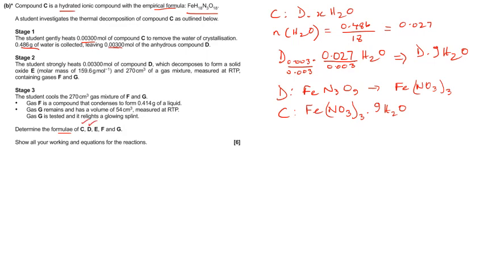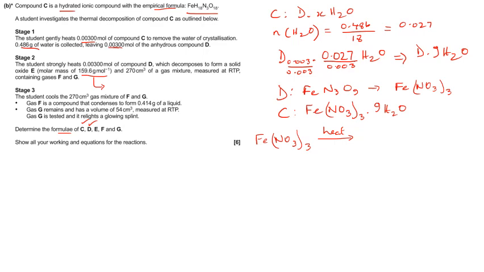Moving on to stage 2 now. We've got compound D, iron nitrate, and we're going to strongly heat it, decompose it. It forms a solid oxide of E, and here's our clue: the Mr, which is quite big.